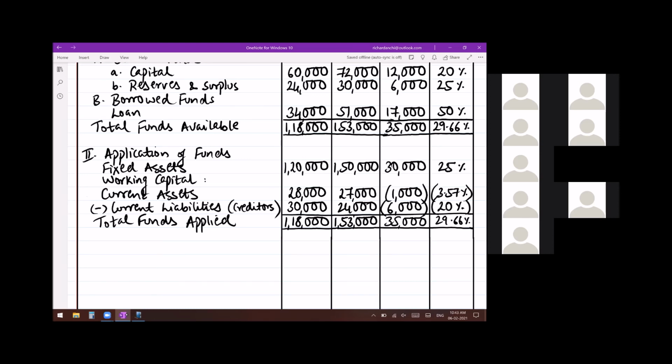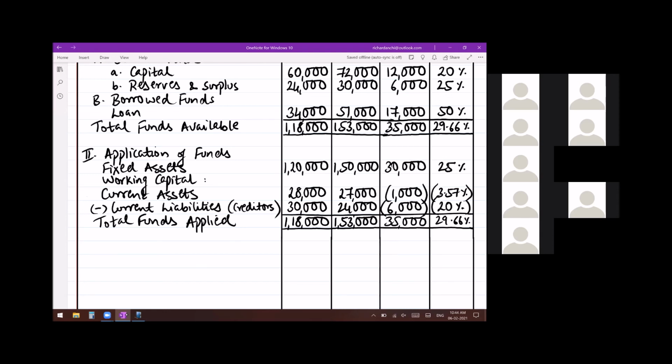It is going to take time to get used to this, especially calculating that percentage. And this item, current asset minus current liabilities, is one item where calculation tends to go wrong because of basic mathematics. Plus into minus, minus into minus, what it results into, that should not confuse you. And I told you there is a hint. Whatever you get total funds available should match with total funds applied. That answer remains the same. Then calculate accordingly and get the results.